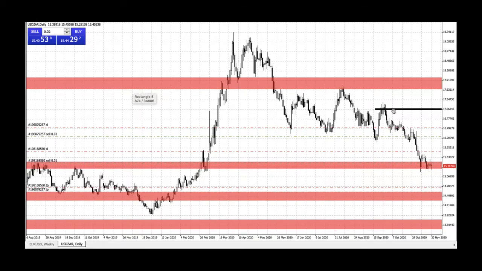Then in terms of the bearish scenarios, since there is a formation of a lower high here after this lower low and then another lower low after this lower high, we'll be expecting the price to continue the downward movement and break this zone. After breaking this zone, come back and retest it again before it moves to 14.49892.